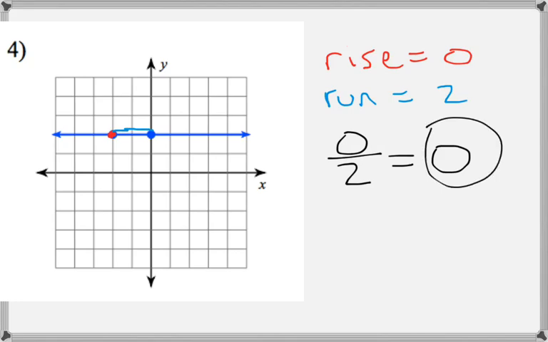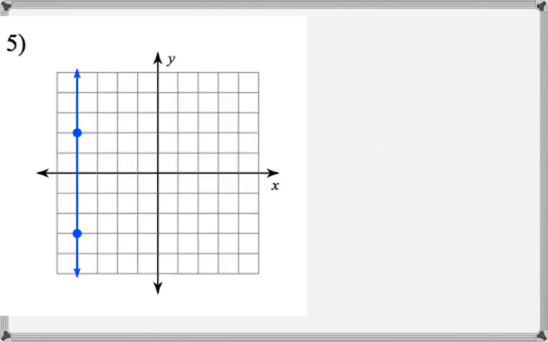Let's look at one more example when we are provided with a graph. Looking at this line, I need to find my rise. If I start at this point right here, how far do I need to travel? I would need to travel up 1, 2, 3, 4, and 5 spaces to get to my other point. So my rise is 5.